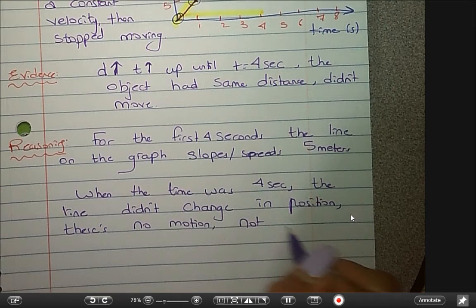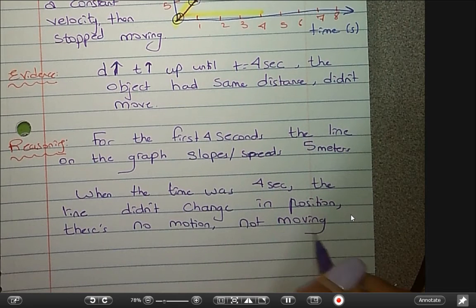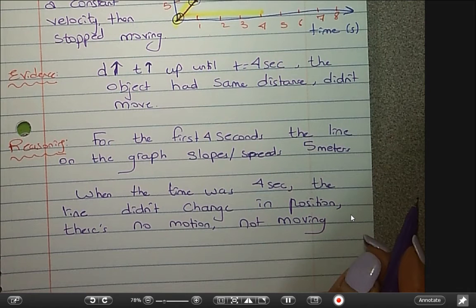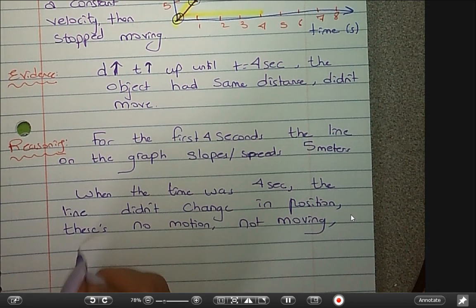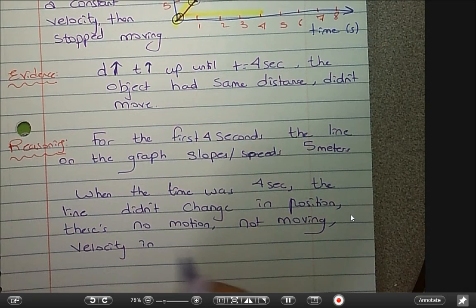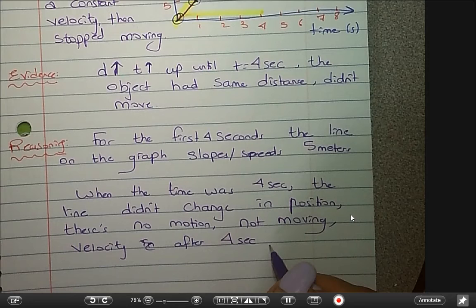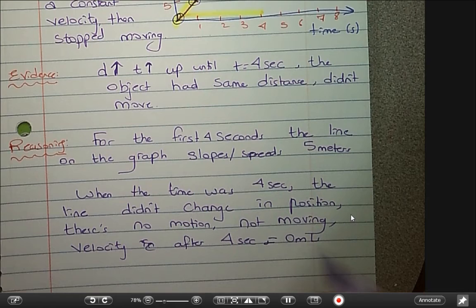That means you're not moving. Okay? So in other words, the velocity after 4 seconds was equal to 0 meters per second, because the object is not moving, right?